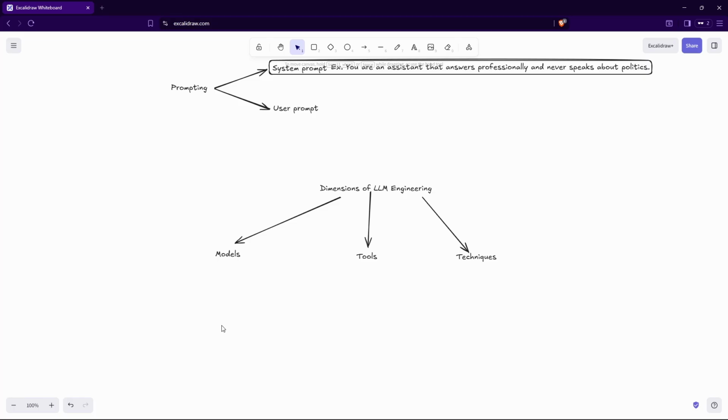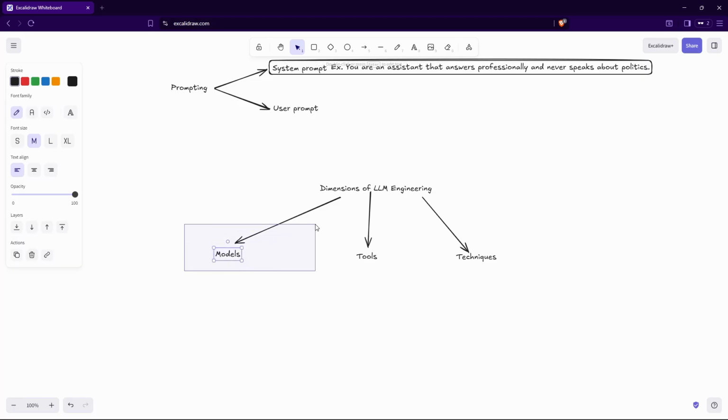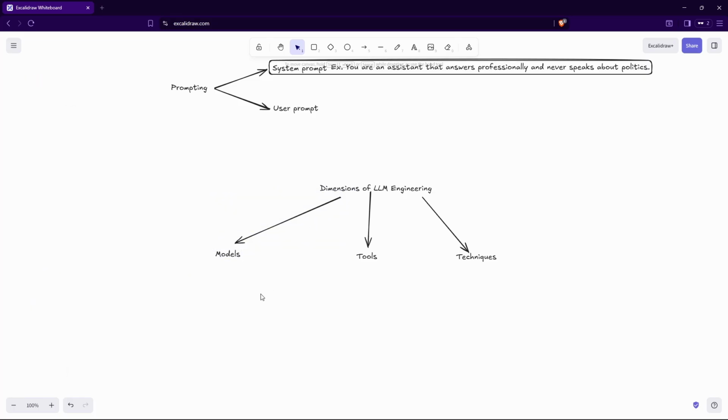So far on my learning journey, I am mostly on the models part. This is where we have open source models like the ones we saw on Ollama. You also have closed source models that are not available to the wide public. You have multimodal models, where you can generate images, audio, and so on.